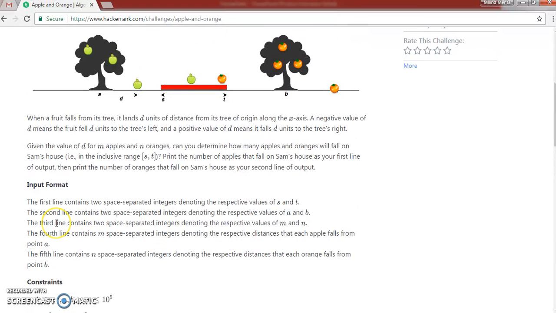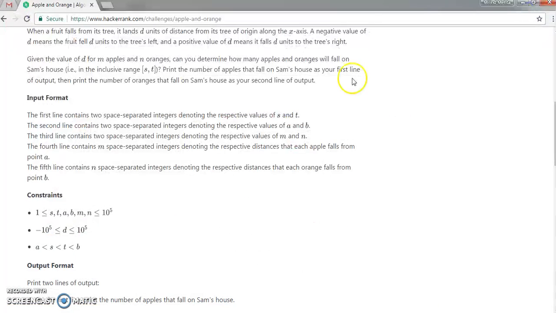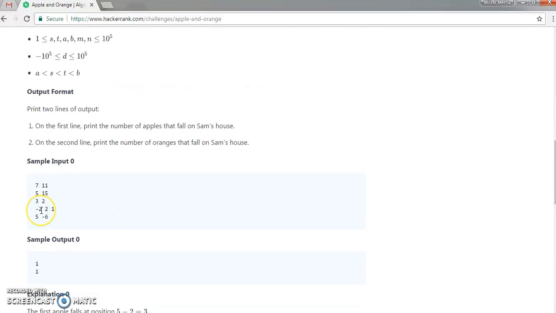The third line contains two space-separated integers denoting the respective values of m and n. m is the number of apples and n is the number of oranges. The fourth line contains m space-separated integers denoting the distance each apple falls from point a, which means the D for each apple.